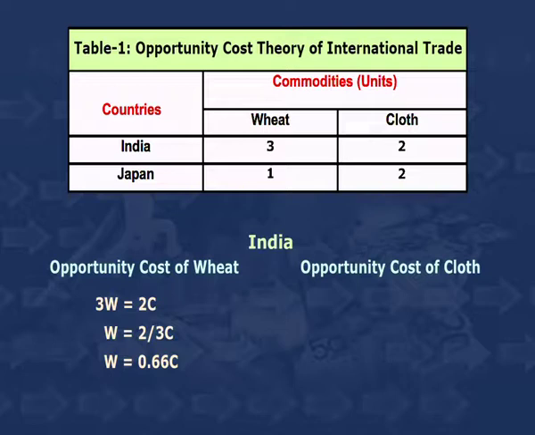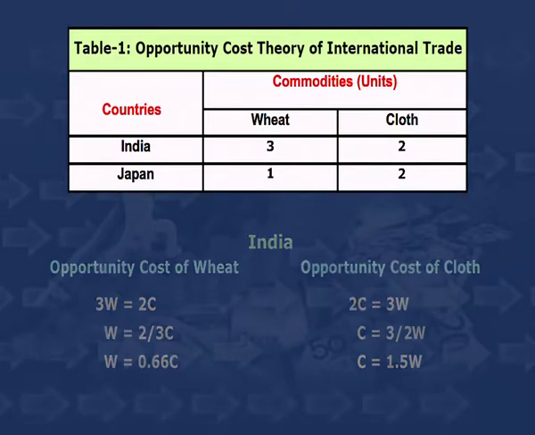Opportunity cost of cloth: 2 units of cloth equal 3 units of wheat, which is further equal to 1 unit of cloth equal to 3/2 units of wheat, which is nothing but 1 unit of cloth equal to 1.5 units of wheat. It means that the opportunity cost of cloth is 1.5 units of wheat in India.